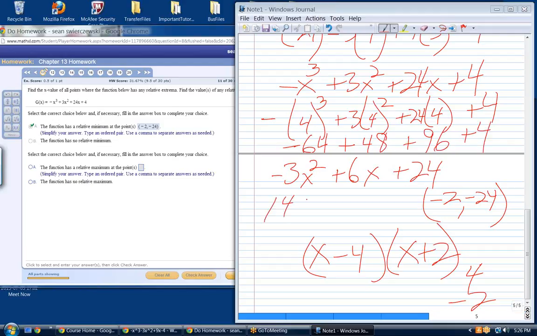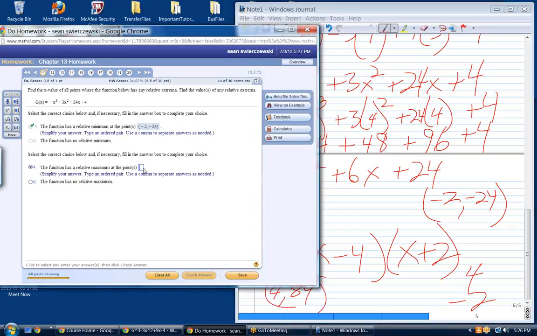That's 148 minus 64, 84. So 4 comma 84 is a maximum. All right, now we can go to 12. Yep.